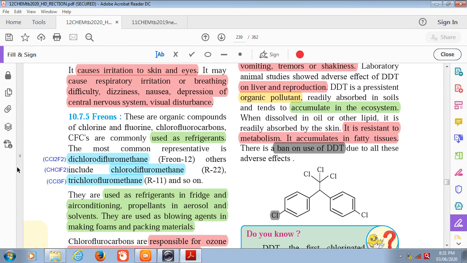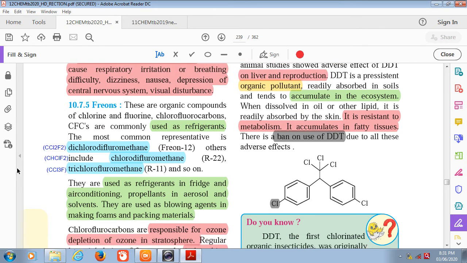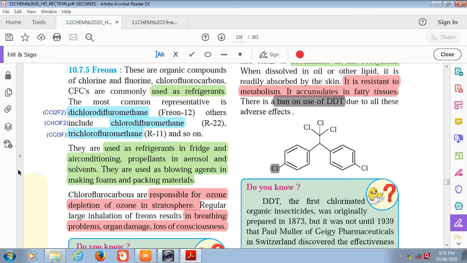Then chlorodifluoromethane, that is CHClF2, R22, and trichlorofluoromethane, R11, CCl3F. These are different freons. What are the uses? They are used as a refrigerant in fridges, air conditioning, propellant in aerosol, and they are also used as solvent. They are used as a blowing agent in making foams and packing materials.